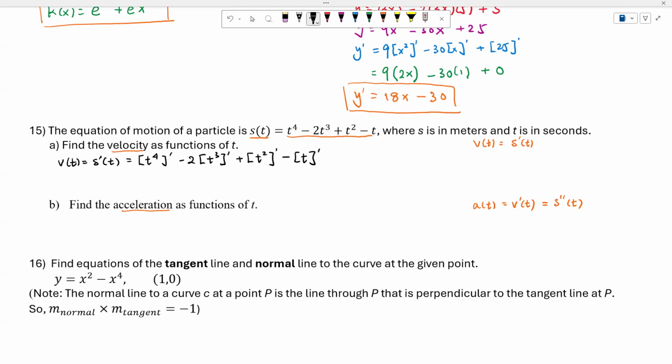Then I can write down 4t to the 3 minus 2 times 3t squared plus 2t minus 1. Then, of course, I will have 4t to the power 3 minus 6t squared plus 2t minus 1.